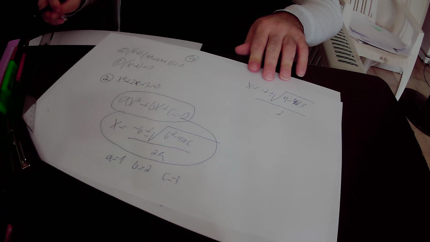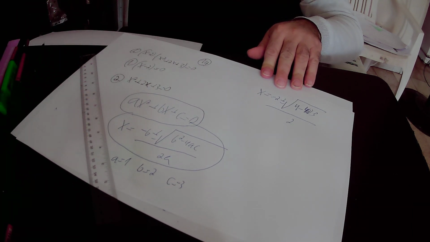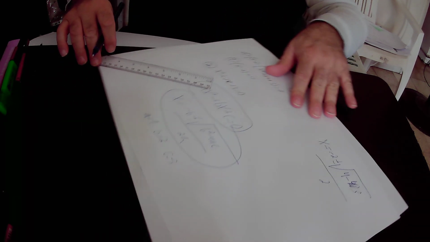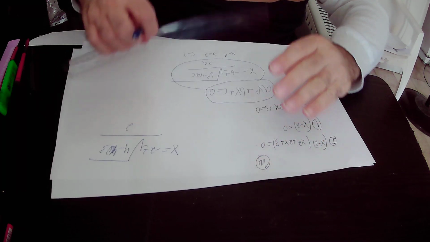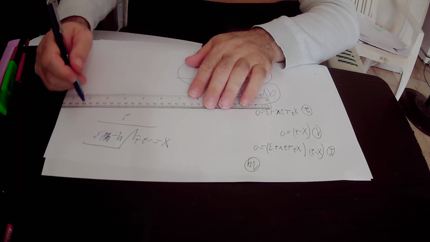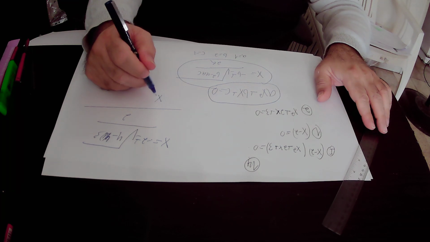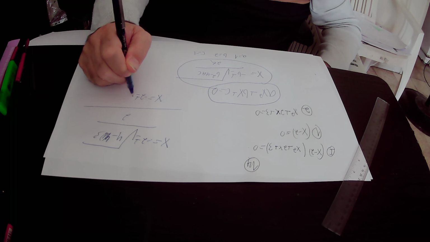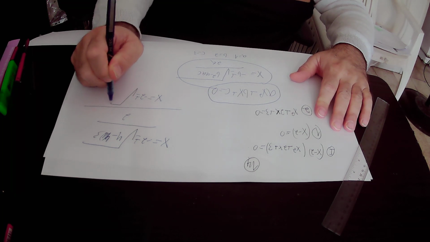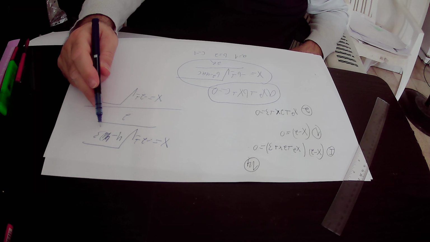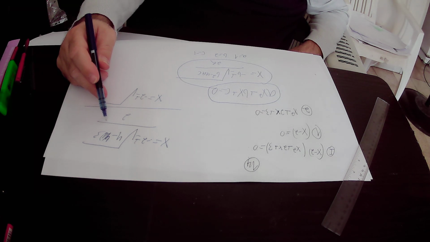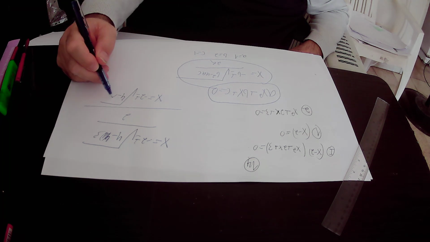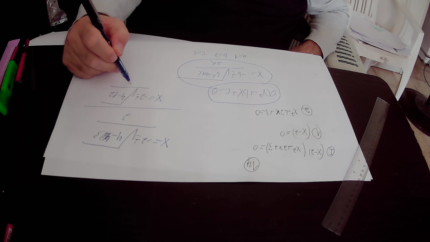So here x equals minus 2 plus minus the root of, here 4 times 3 is 12, so I write it down, 4 minus 12, over 2.